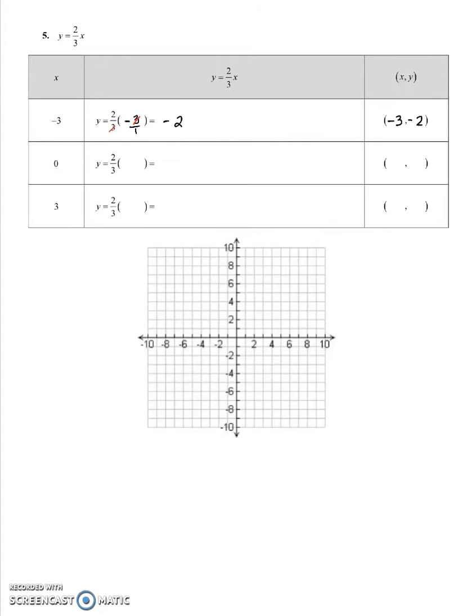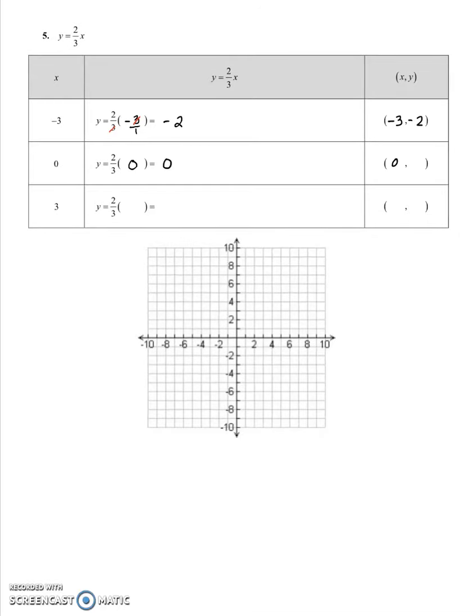Now you should, of course, pause the video and calculate these other two yourself and then restart the video. Oh, you should probably also graph this one on your own too before you check your answer. So if we put 0 in, we have 2/3 times 0. Well, that doesn't matter that we have a fraction because anything times 0 is still 0.